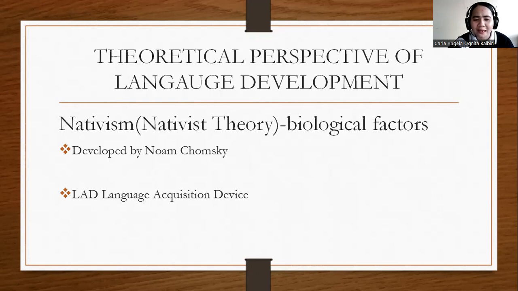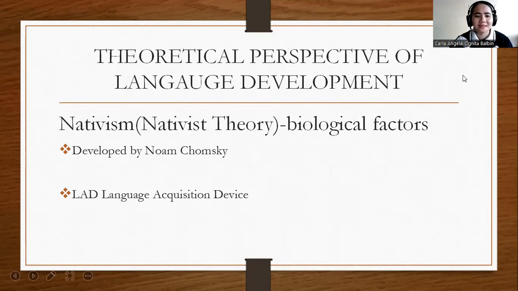Diba? So the language acquisition device is much more of a theoretical idea. It accounts for the ways in which children have the innate ability to understand language and symbols. So meaning to say, the language acquisition device is meant to help us understand why we're so good at understanding or learning language. Okay.